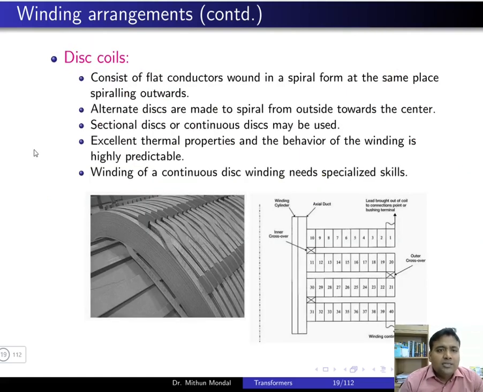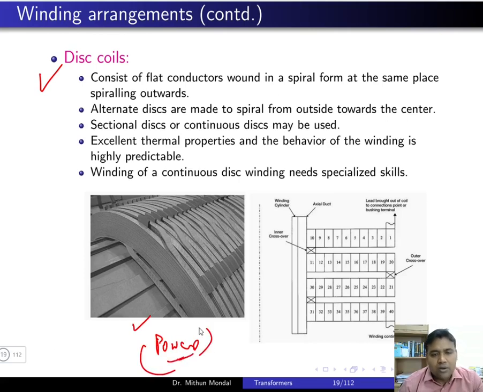So let us look a little bit more into the details of the disc coils. Here in this diagram you can see disc coils, a very commonly used power transformer winding. In order to understand this diagram, let us first see the construction.